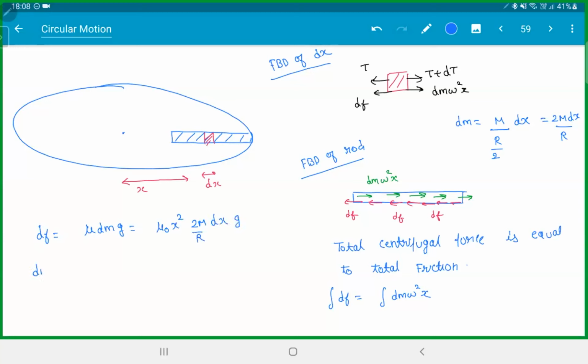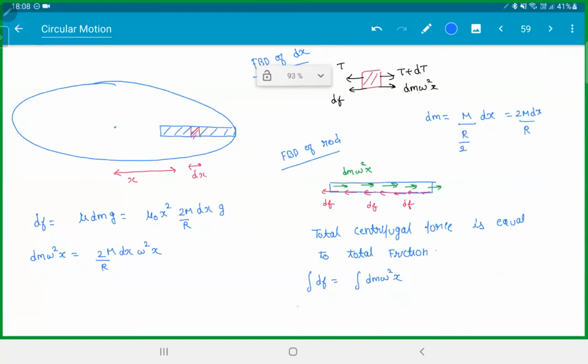And dm omega square will be 2m by r dx omega square x. So you just have to substitute everything here. This side would be mu naught 2m by r g integral x square dx. This side would be 2m omega square by r integral x dx.